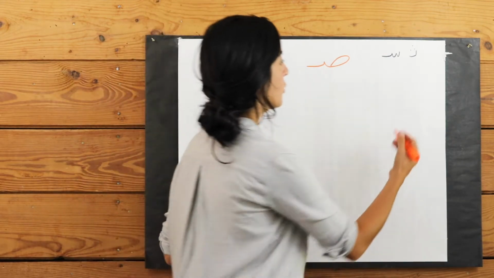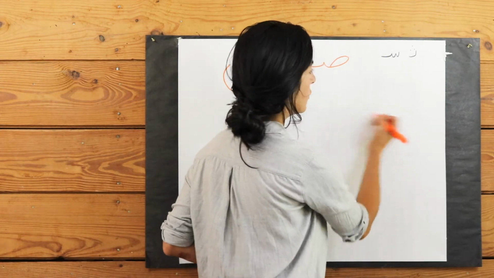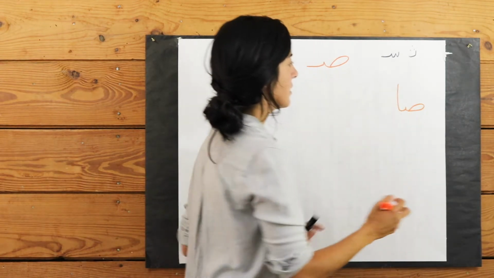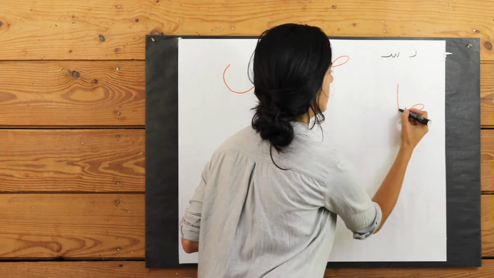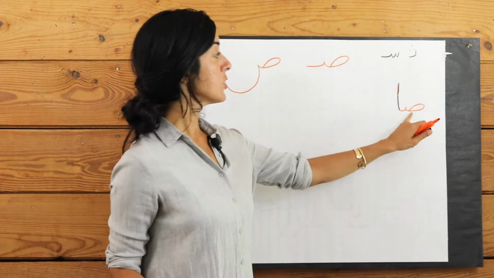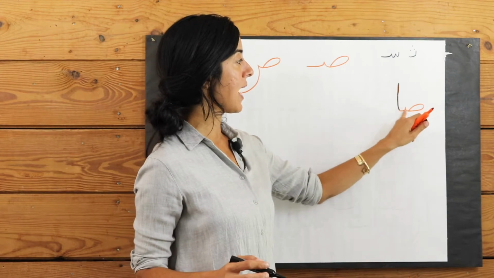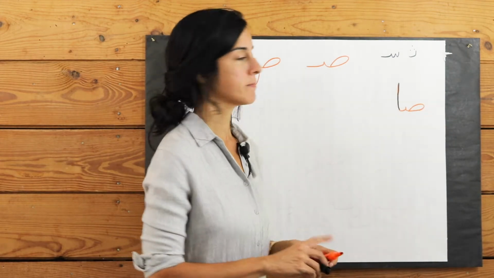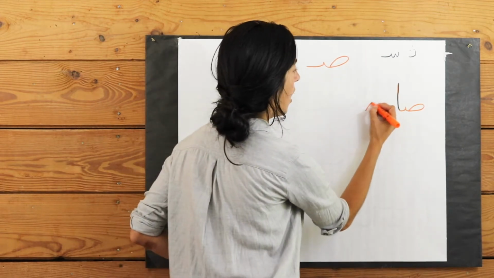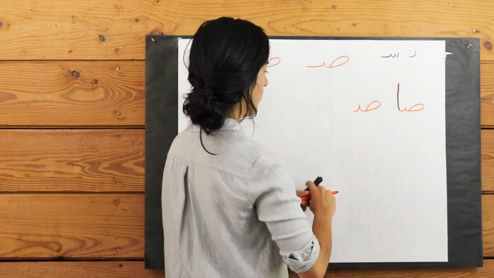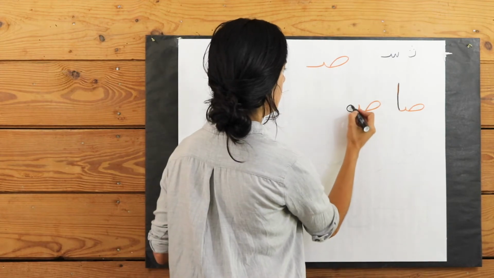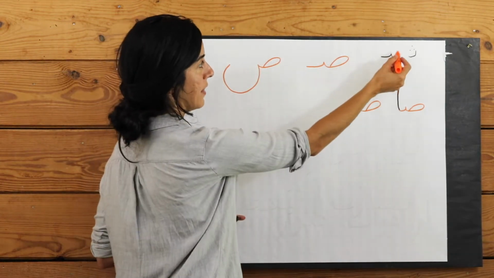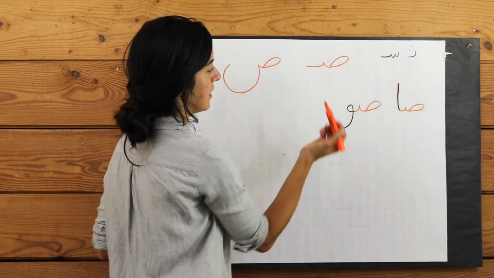So let's go through our different vowels, and this will show you how this letter looks. Forgot to change my pen color. As you can see, it has this shape and it has a little thing that comes after it. That's all part of the same letter. So that's saw, su, and this one is less common than, this is the most common se.